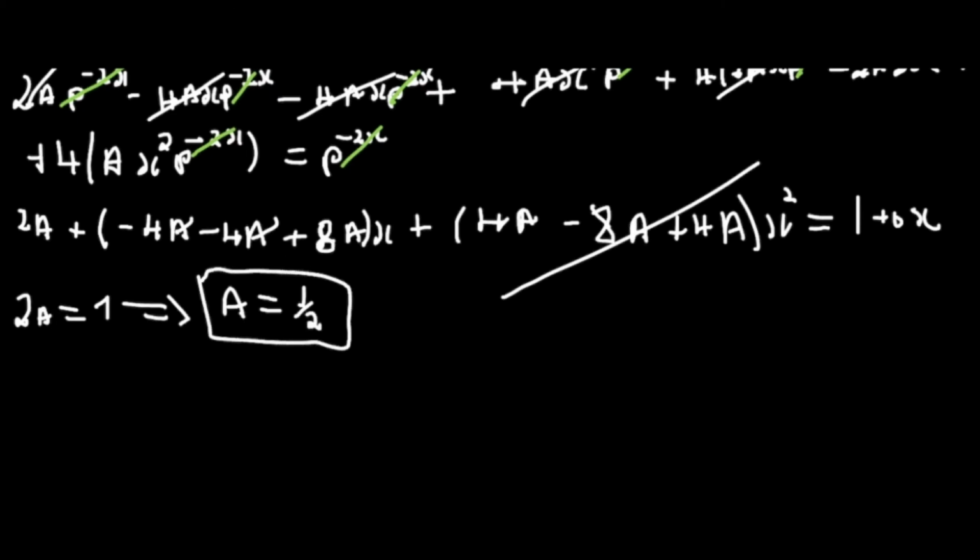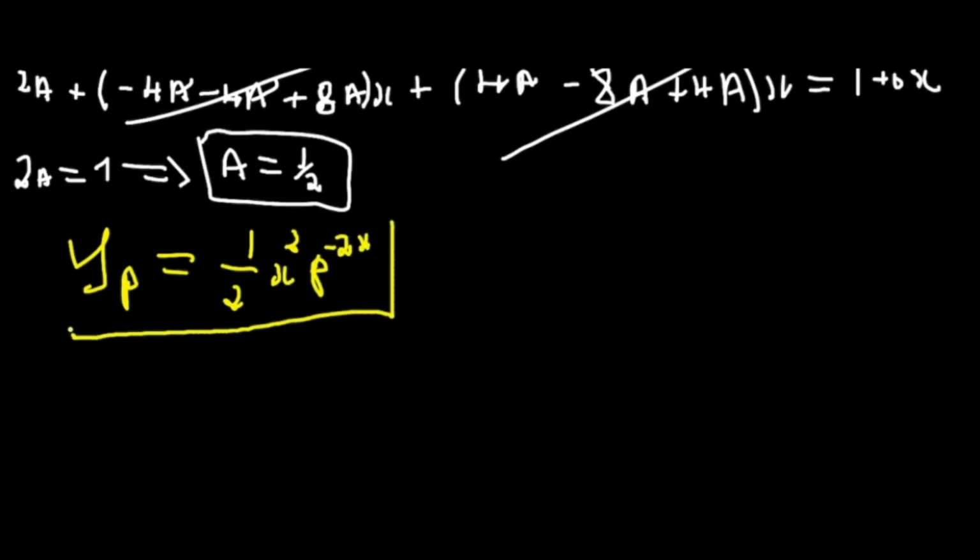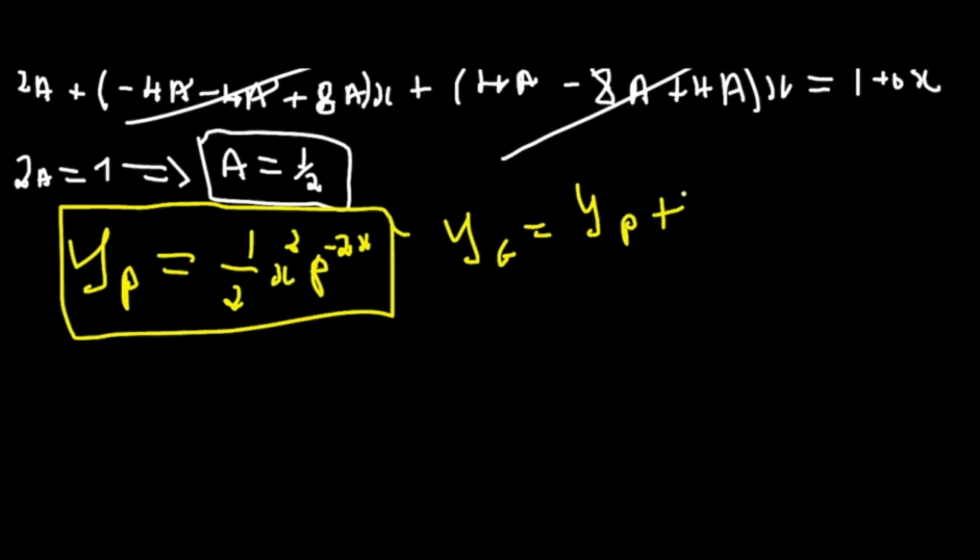So this is our value of a. Now if you look at this here, it's also going to cancel out. So our value of a is a half. So from here we see that our particular solution will simply be equals to ax squared e to the minus 2x. Our a is a half, so we have a half x squared e to the minus 2x. So this is our particular solution. We know that to get our general solution, y general will simply be y particular plus y complementary.